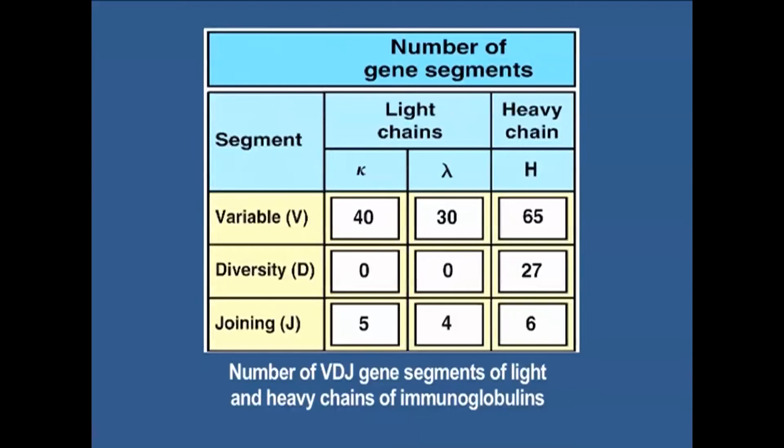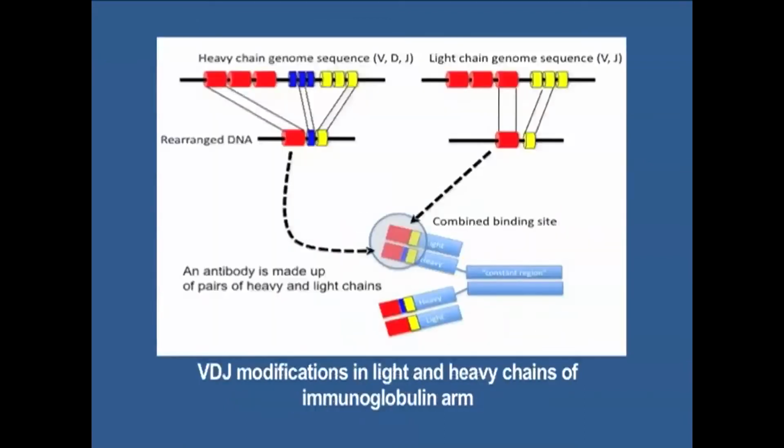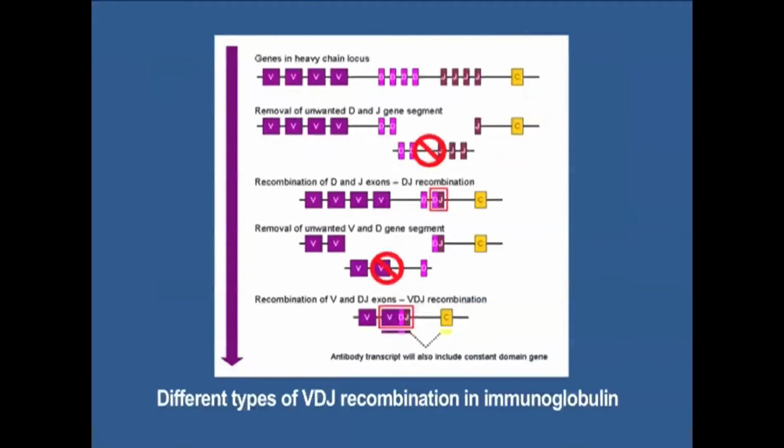But where they are present, this is the region where these VDJ segments are present in a particular arm of an antibody. And you can see how they can bring about modification. You can see these are the V and these are the D and J, and there is a fourth one which is the C. Normally the intermediate portions are removed.